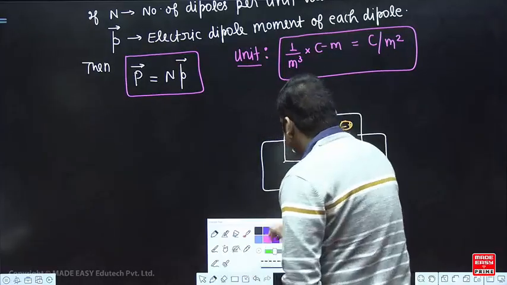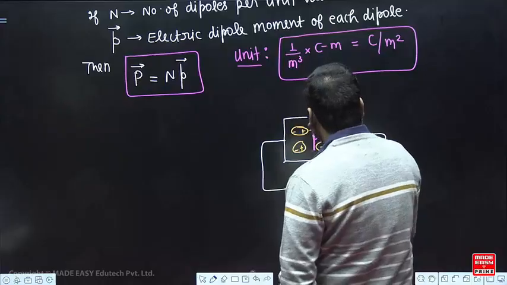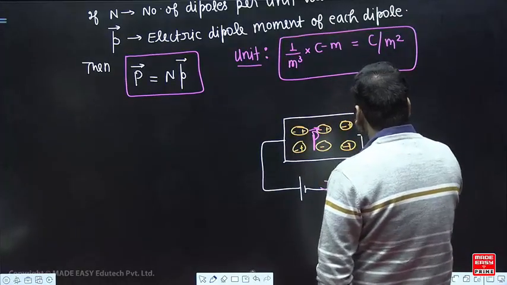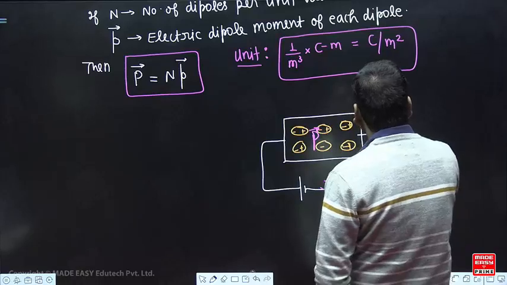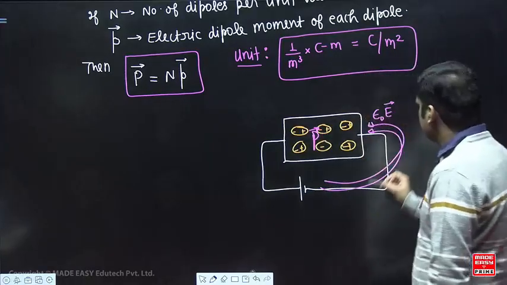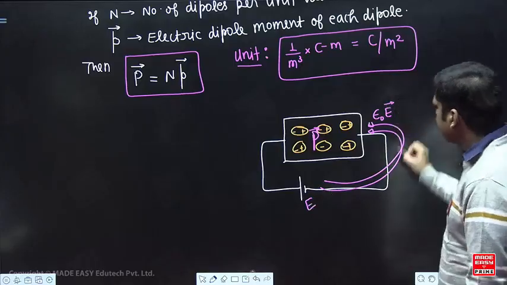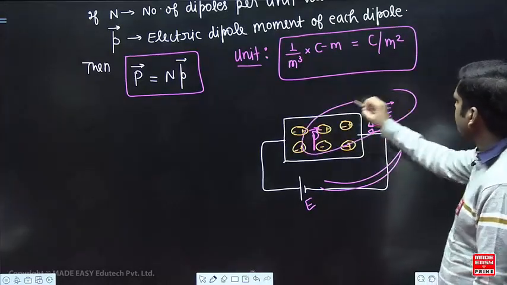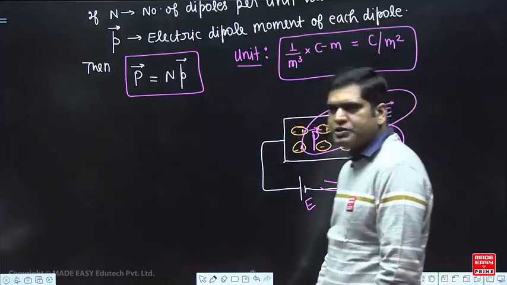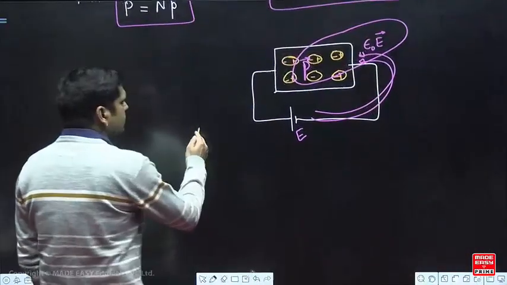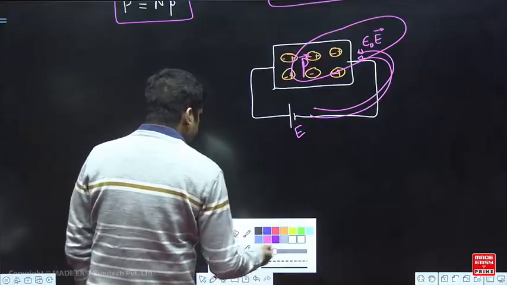This value is given as capital P, and some electrons are going from here. These electrons which are going from here will give us epsilon naught into E. So this is due to electric field and this is due to polarization. So overall electric flux density is because of two factors. One factor is applied electric field and the other factor is polarization in the material.